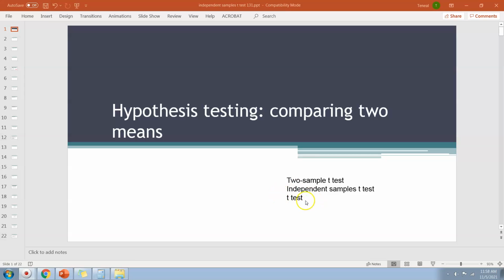When people refer to the t-test, they usually are talking about this test as opposed to the one-sample t-test. Indeed, this is a very important hypothesis test in research. You can imagine there are a lot of times when you might have two groups that you want to compare.